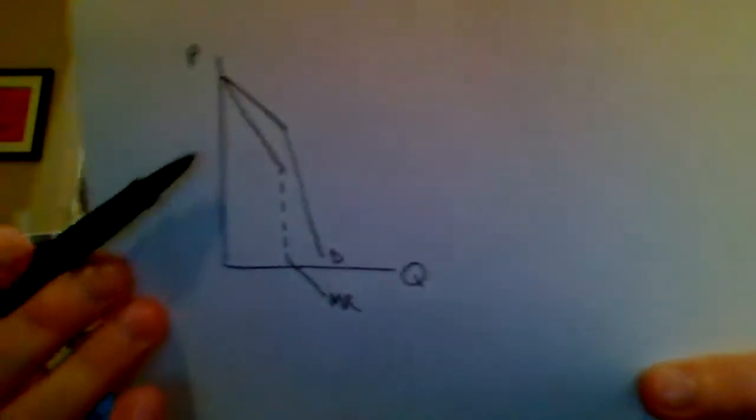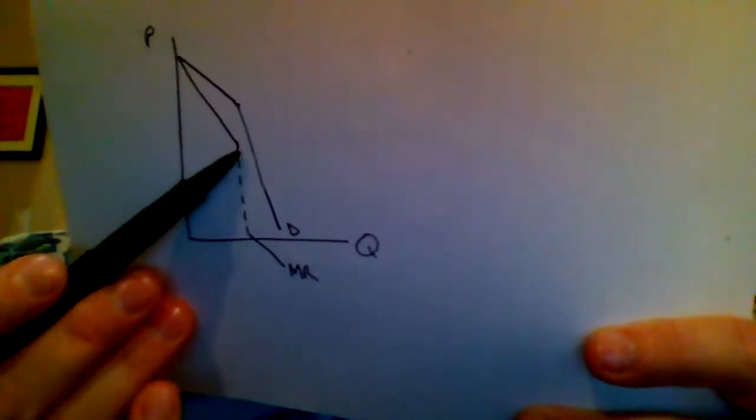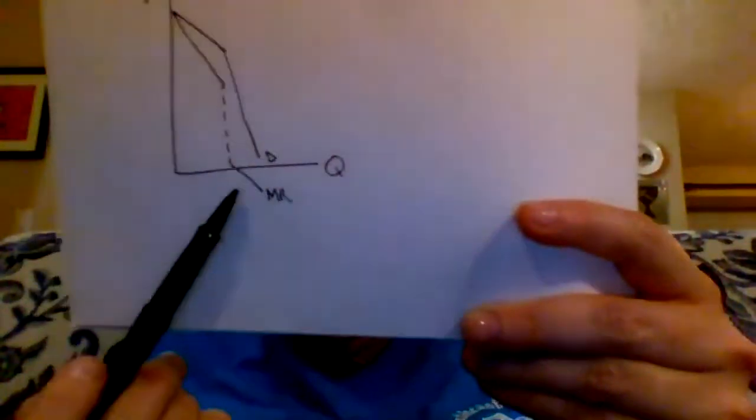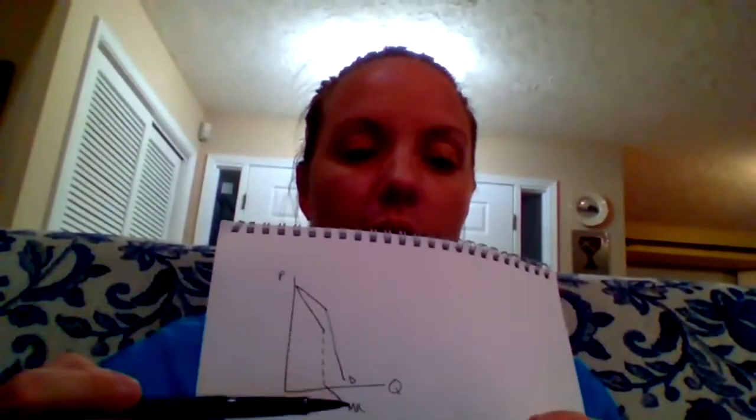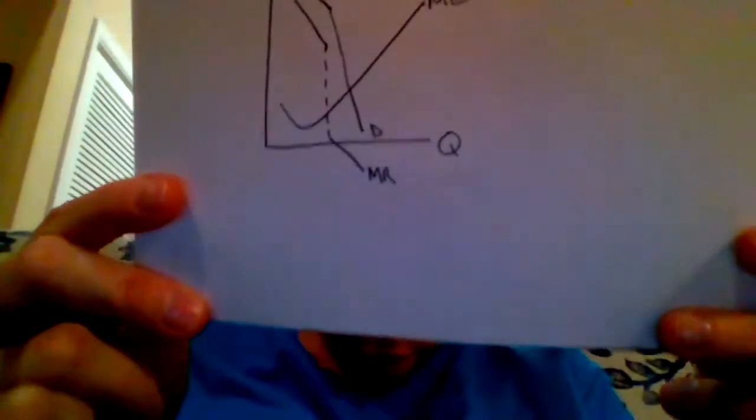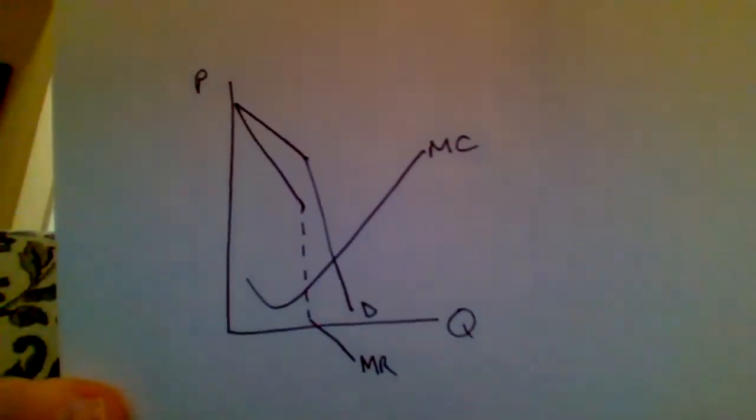We have this first top piece that follows the elastic demand, and then we drop, and that's called the kink, because all of a sudden it disappears, and it picks up later down here with the inelastic portion of the demand curve. Elastic, inelastic. Now, the trick about an oligopoly is that it does not matter where its marginal cost curve falls along that kink, as long as it's on the kink.